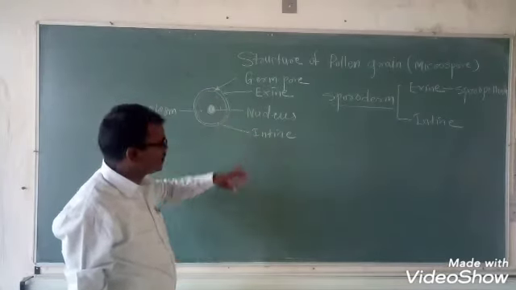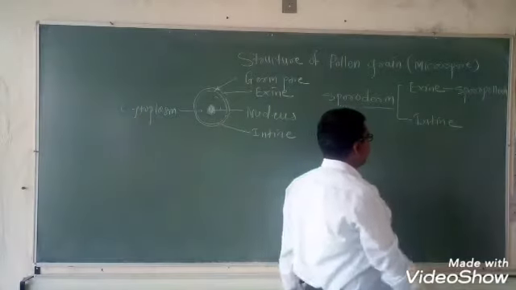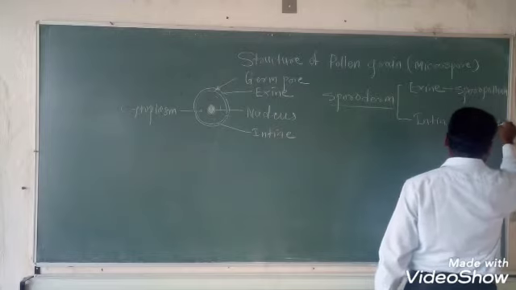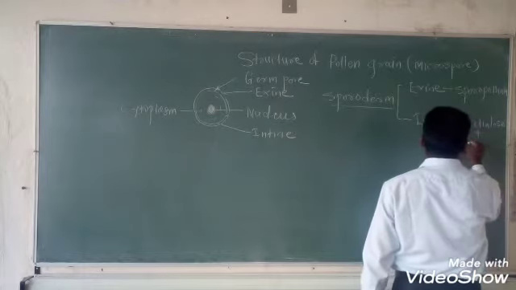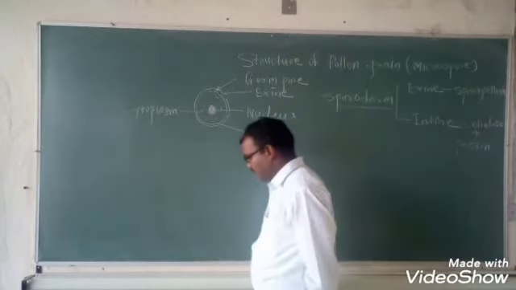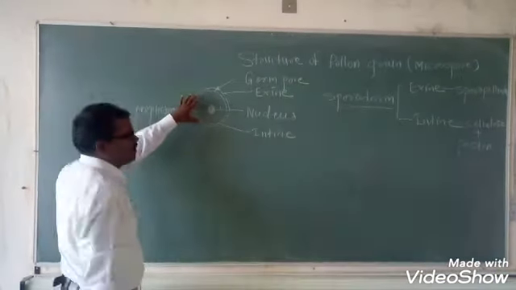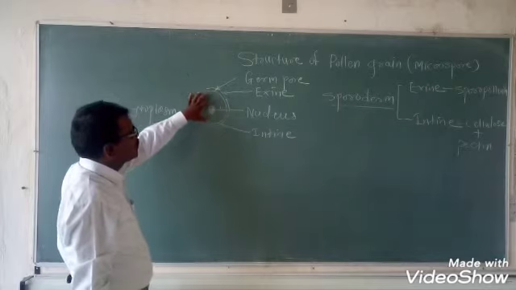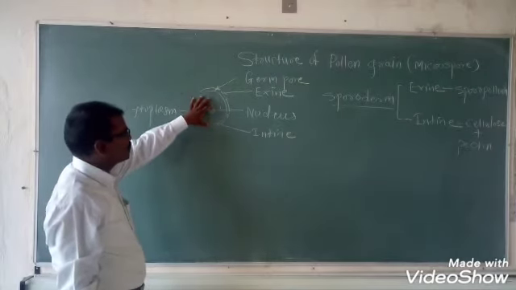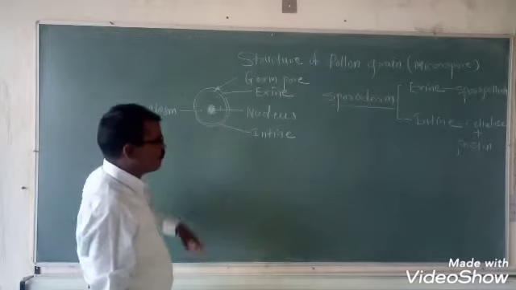Intine is thin and made of cellulose and pectin. This is the structure of pollen grain or microspore.